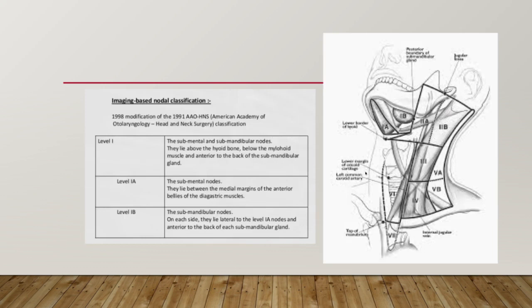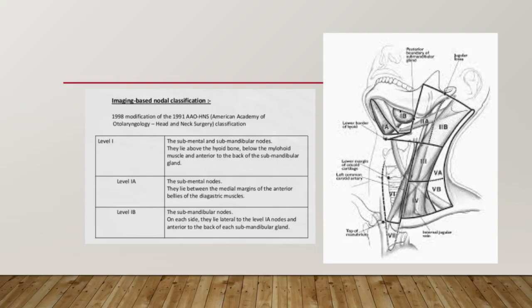Now, based on the levels of the lymph nodes and the imaging based classification according to the American Academy of Otolaryngology and Head and Neck Surgery, the level 1 group of lymph nodes is divided into level 1A and level 1B, which comprise the submental as well as the submandibular group of lymph nodes.